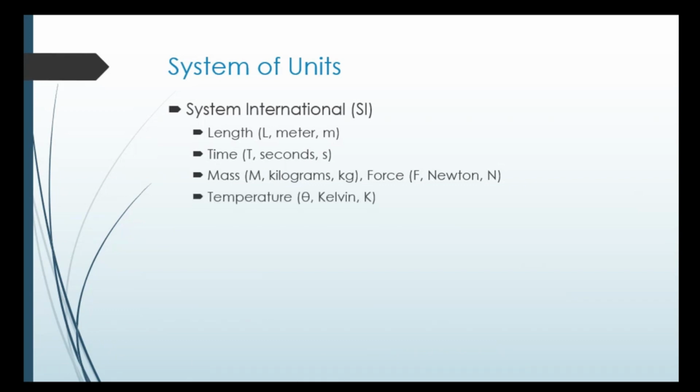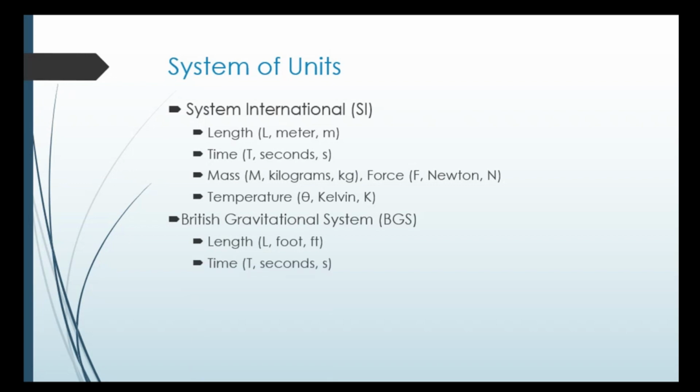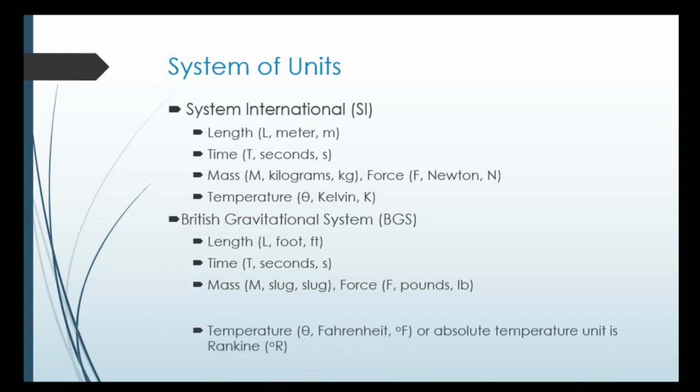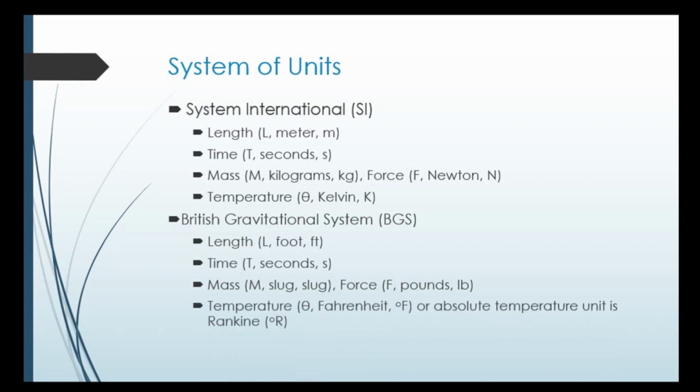Temperature in kelvins, the fourth quantity. In British gravitational system, BGS, length is in feet, time is in seconds, mass is in slugs, and force is in pounds. Temperature is in Fahrenheit or Rankine. The unit of Rankine you will study in detail in Thermo 1.